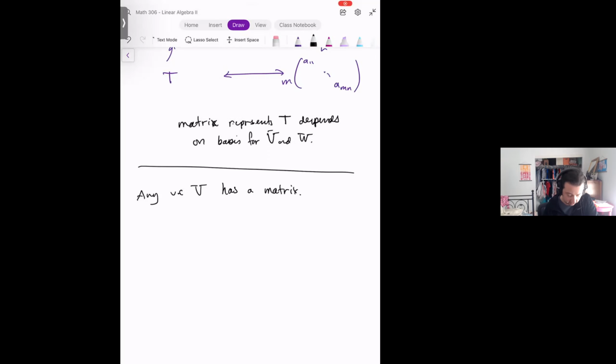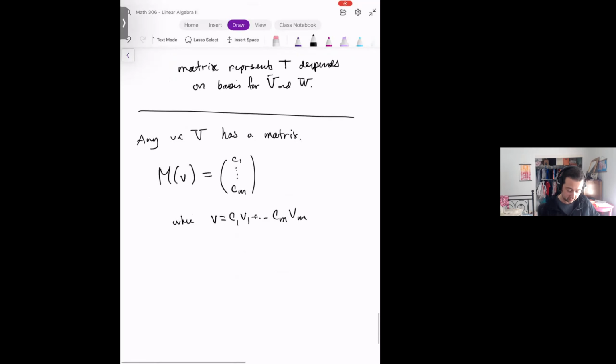We think of the matrix of v as being equal to the column c1 down to cm, where v is equal to c1 v1 up to cm vm. So I take v, I express it in terms of a basis, and then I take the coefficients and I pile them up into a vector.